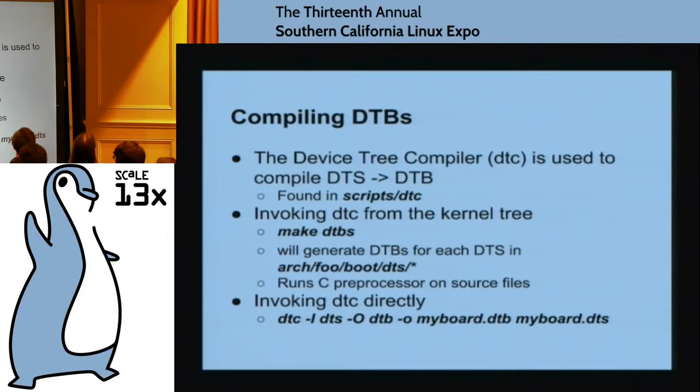Let's pick on ARM since I'm using an ARM example, though this works for anybody: there's a make dtbs target, and down in your arch/foo/boot/dts, that makefile has a list of everything in there, so it will build all of them. Also, the in-kernel DTC runs the C preprocessor, which is nice, because I think that came in a year ago, 9 months, something like that.